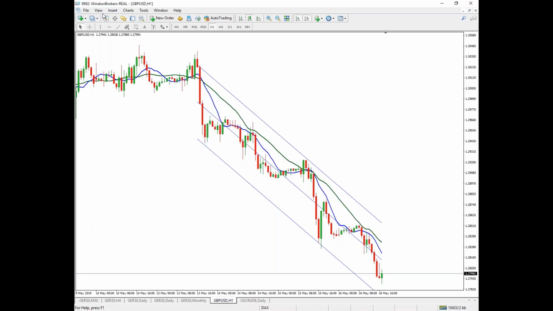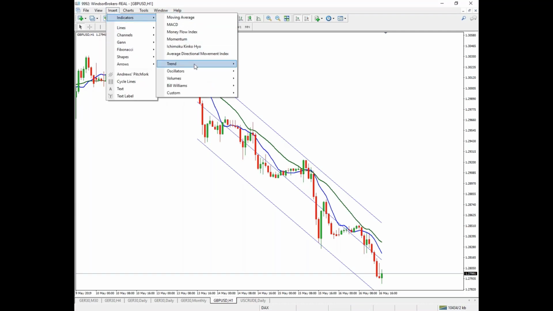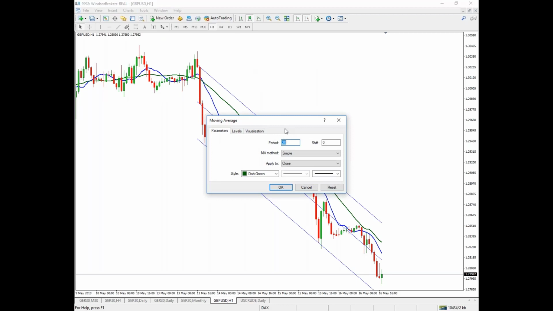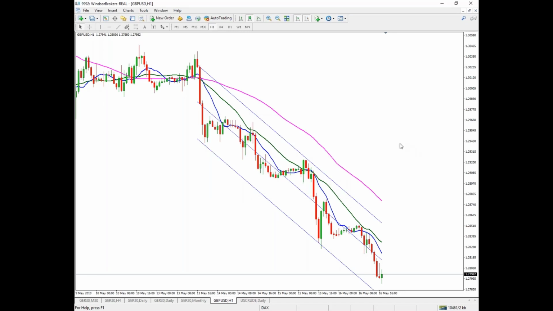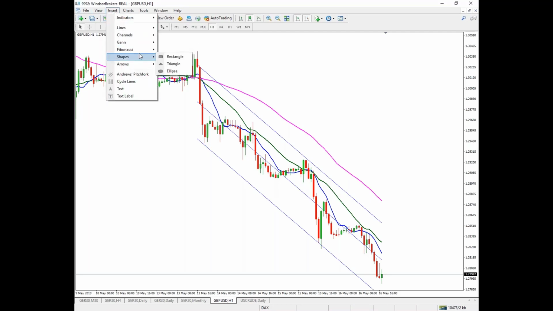We can also put the 55 days moving average, and I will color them as in my original setup. And let's put 200 days as the reference one, as the key one, so we will know how the market will behave.